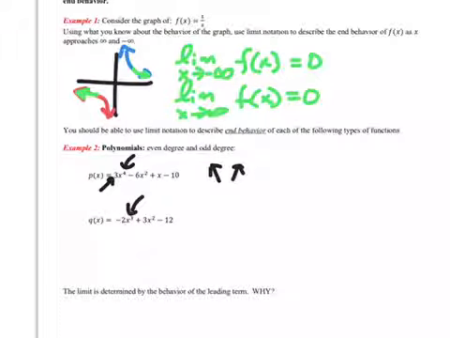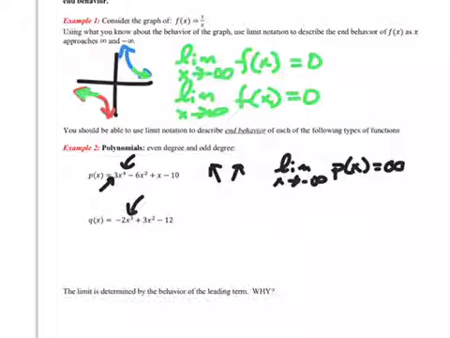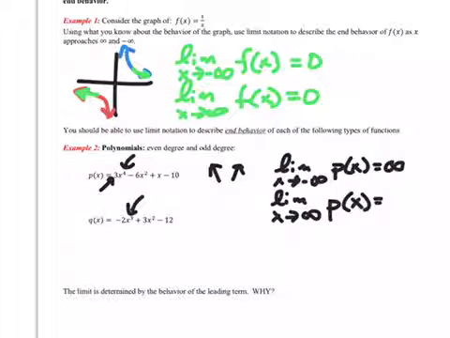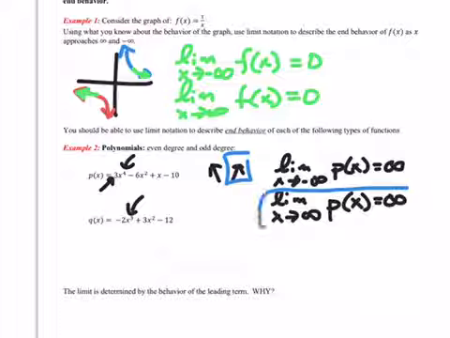It would be headed upward on both ends. So the limit as x approaches negative infinity of p of x would equal infinity. The limit as x approaches infinity for p of x would also be infinity. So we've got this right end behavior and the left end behavior.